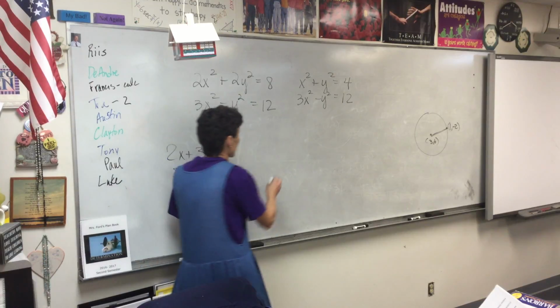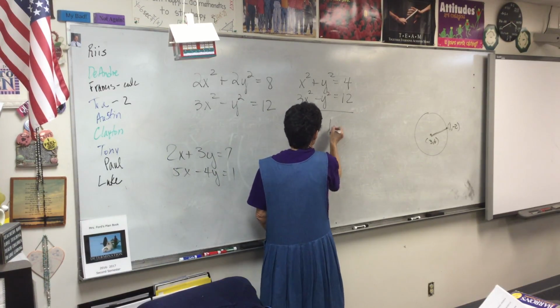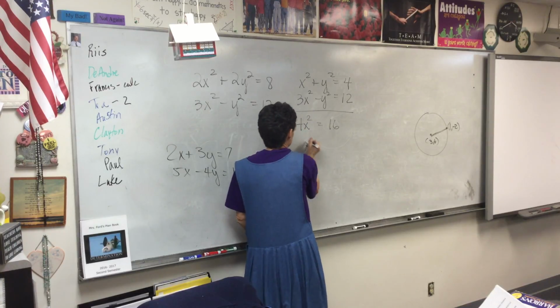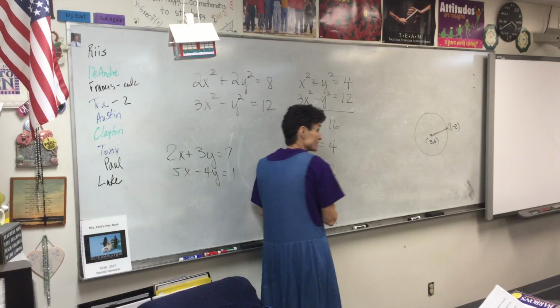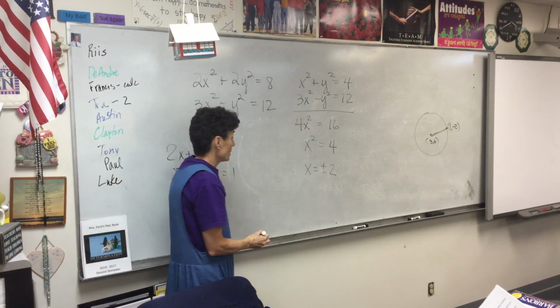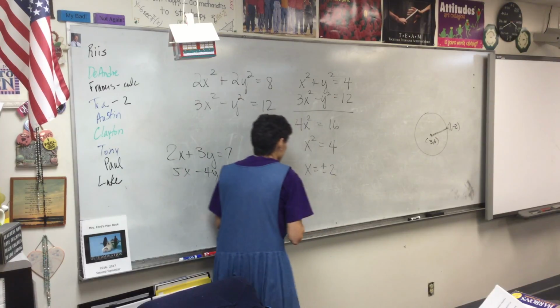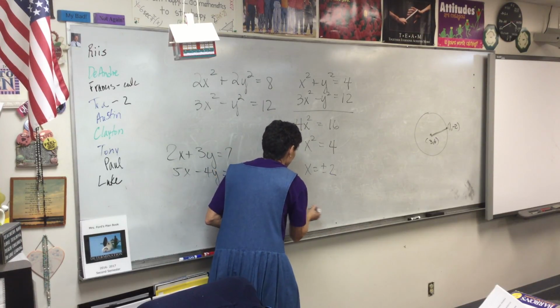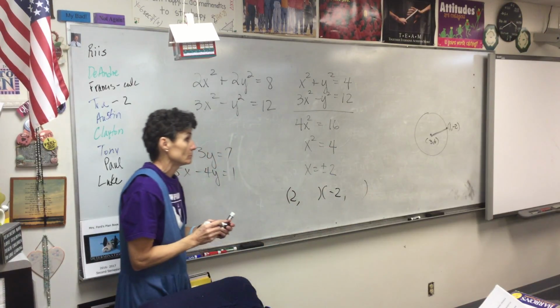Now what's going to happen when I add them together? I get 4x squared equals 16. So x squared equals 4 and x equals plus or minus 2. So wherever these things intersect, it happens where x equals 2 or where x equals negative 2.